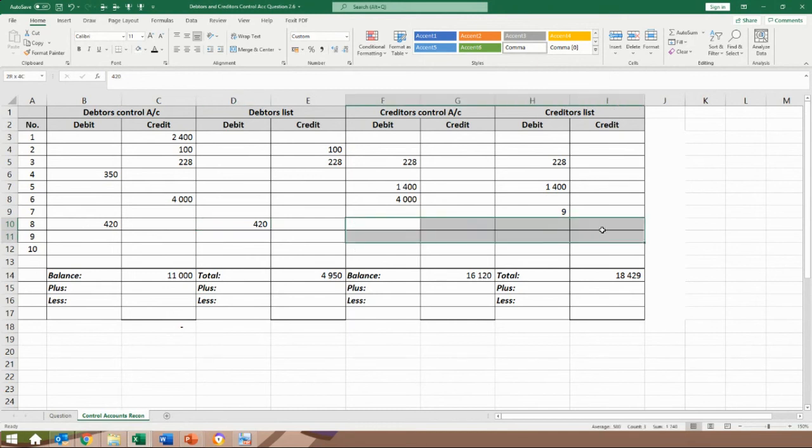So to correct that mistake, we also have to debit your creditors control and your creditors listing. In this instance, to correct the error we had to debit the control account to neutralize the credit that was initially captured, and then debit the correct accounts.